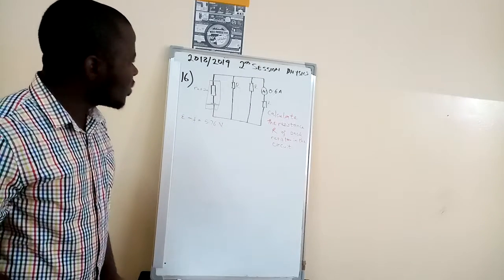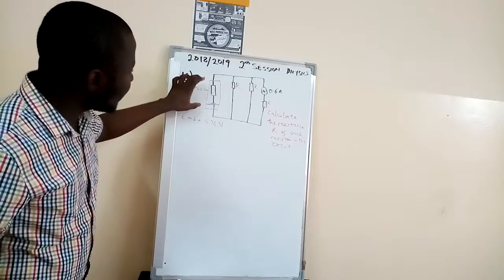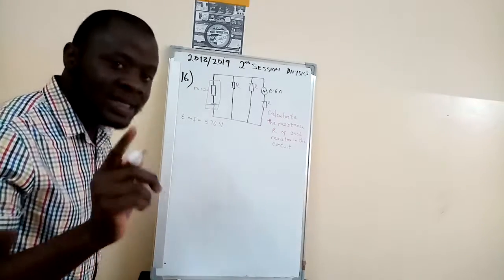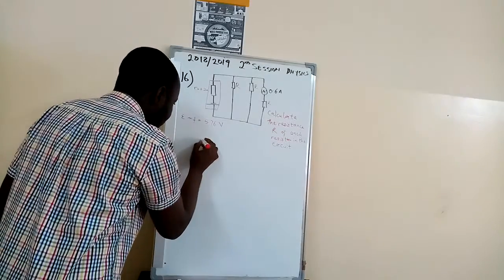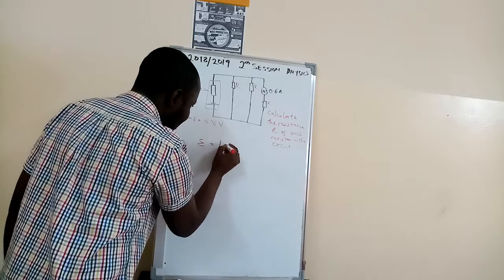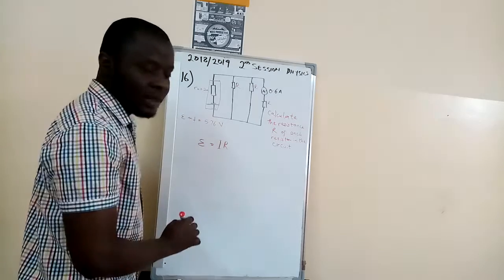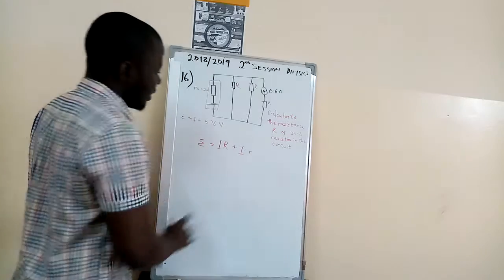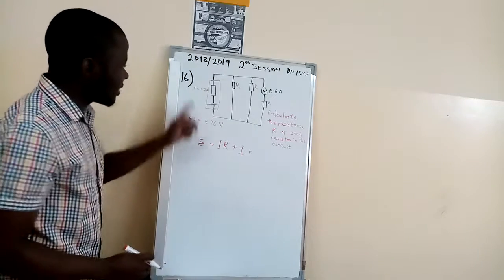Now where do we start from? Since we have internal resistance here, it means we are going to use the equation that has internal resistance. E is the same thing as I, that's current, multiplied by capital R, plus I multiplied by small r. This small r is internal resistance.